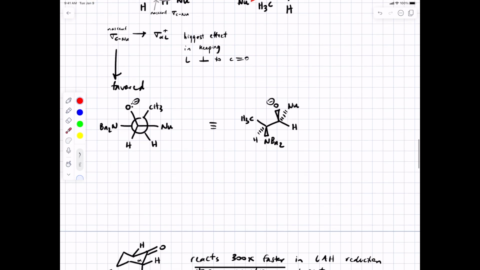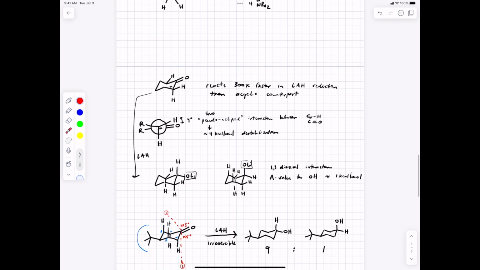All right. Okay, then we're using similar types of considerations to talk about addition to cyclic ketones. There's a couple of issues to deal with here. One is the observation that cyclic ketones react 300 times faster in lithium aluminum hydride reductions than their acyclic counterparts. Part of this is relief of torsional strain.